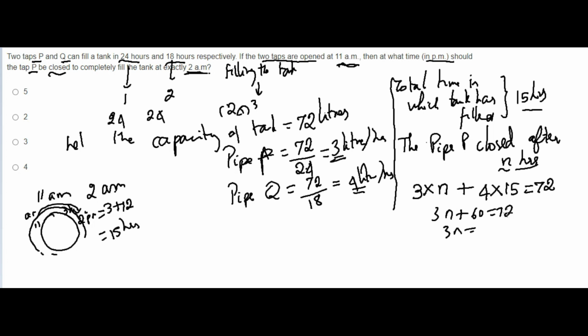So 3n is equal to 72 minus 60, which is 12, and then n is equal to 4.